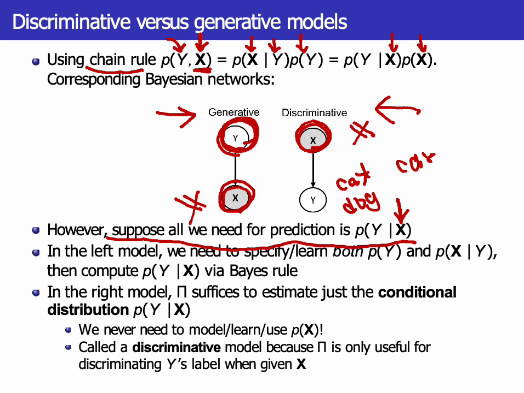In the left model, we need to learn both p(y) and p(x | y), then compute p(y | x) using Bayes rule. In the right model, it suffices to estimate just the conditional distribution p(y | x). We never need to model or learn p(x).